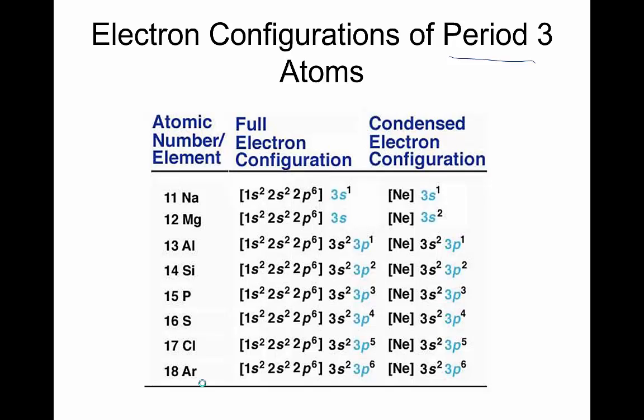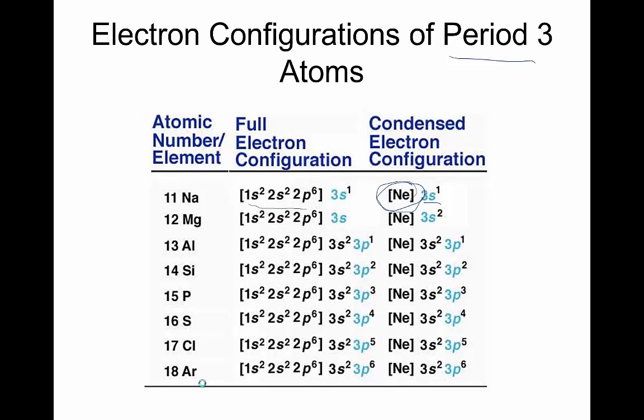So if we want to save ourselves some work, rather than writing out all of these electron configurations, we can just put neon in brackets here to indicate, hey, we've got the same electron configuration as neon, plus some other stuff. So this is just like shorthand, so it saves us some writing. So this bracket with neon means same electron configuration as neon, and then 3s1.